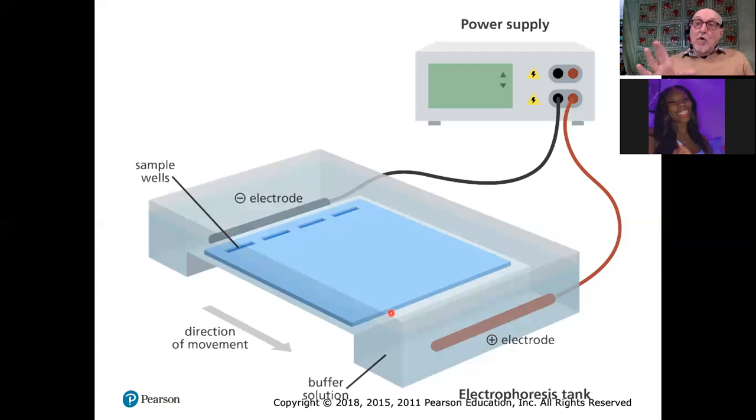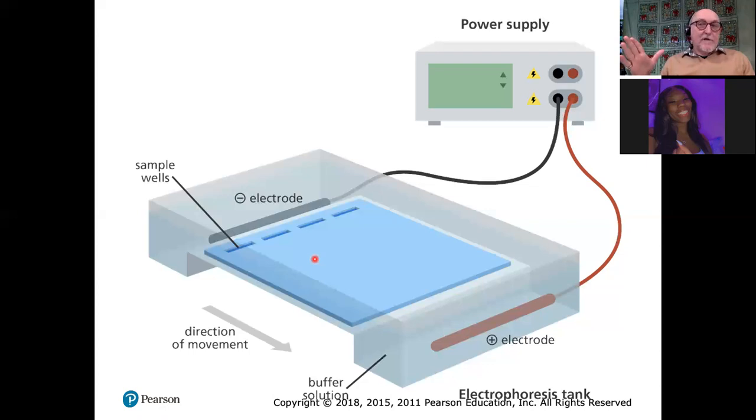Small DNA molecules are retarded less, so they move down faster. The bigger molecules are retarded more. They move more slowly. And as they pass through this gel, the small and the large molecules get separated by size.